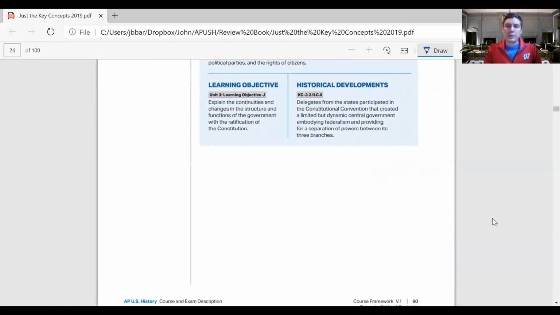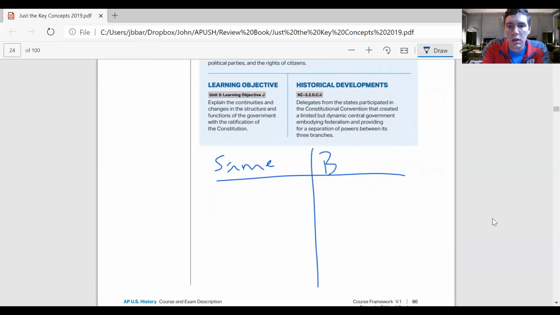So what does the government under the Constitution look like? What's similar and different between this and the Articles of Confederation? It's going to, let's see, I'll make same. Oops. Different. There's still a legislature. Now there's a president.